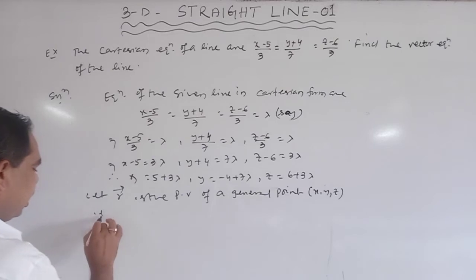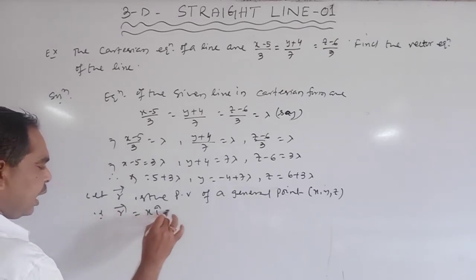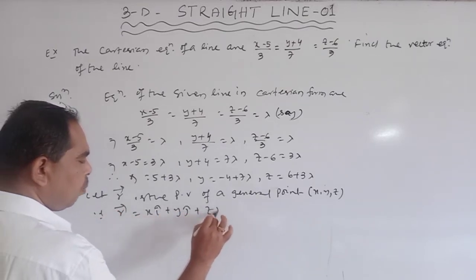That is r vector is equal to x i cap plus y j cap plus z k cap.